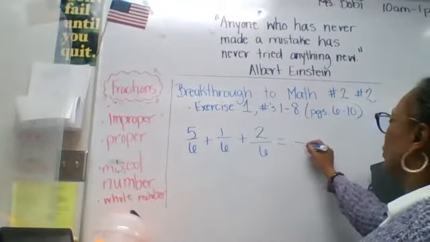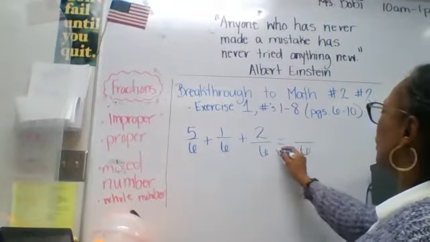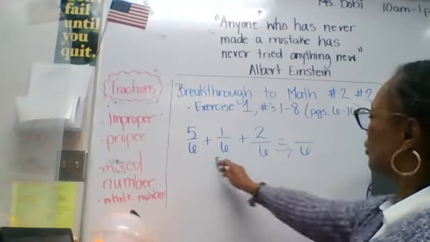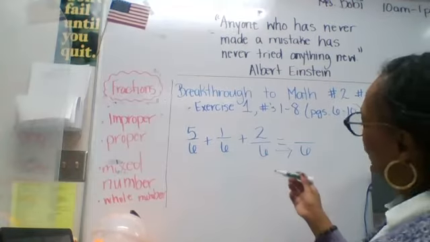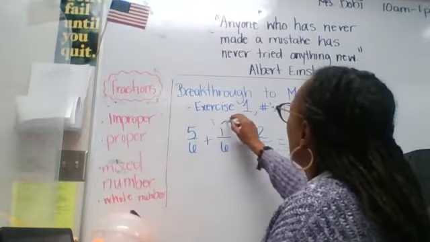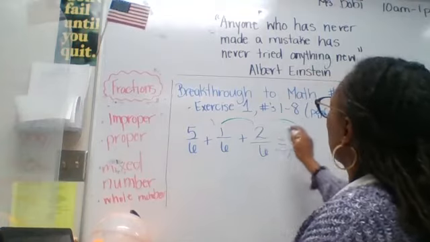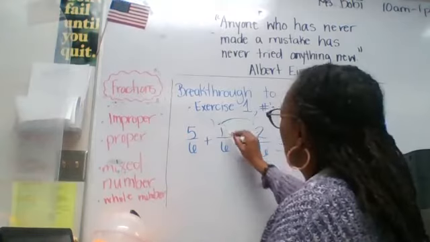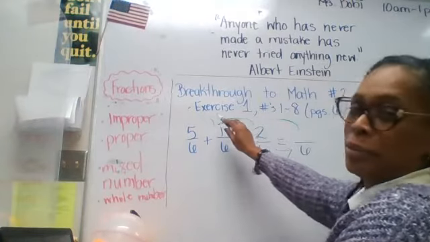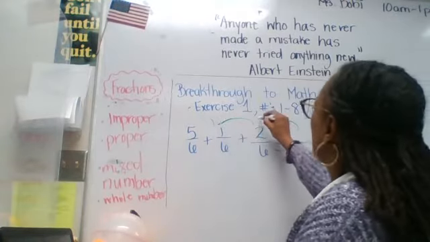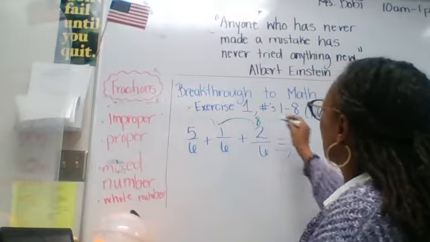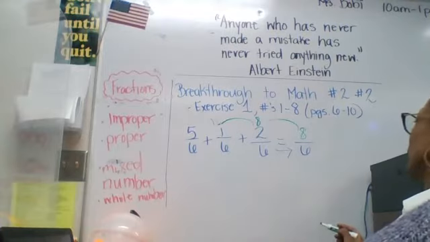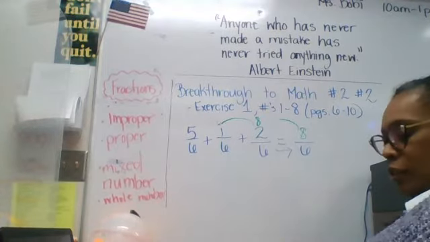So what do we want to do? This is all the same. So the denominator is the same. But this numerator, something needs to happen, right? So we're adding 5 plus 1 is 6. I'm sorry. See what happens? 6 plus 2 is 8. So then your answer here for the numerator is 8 over 6.